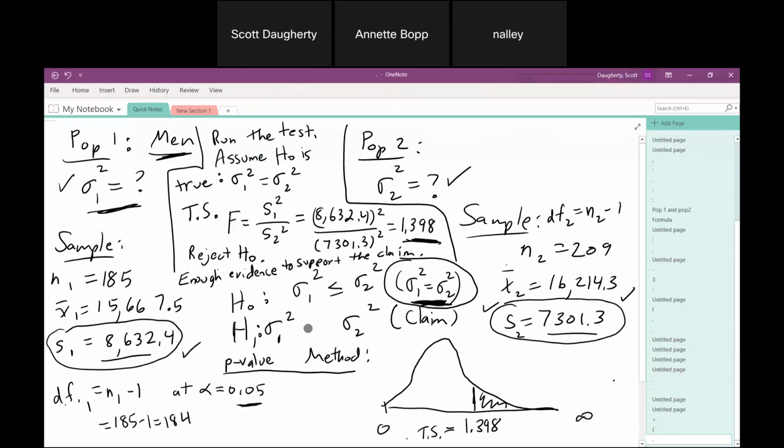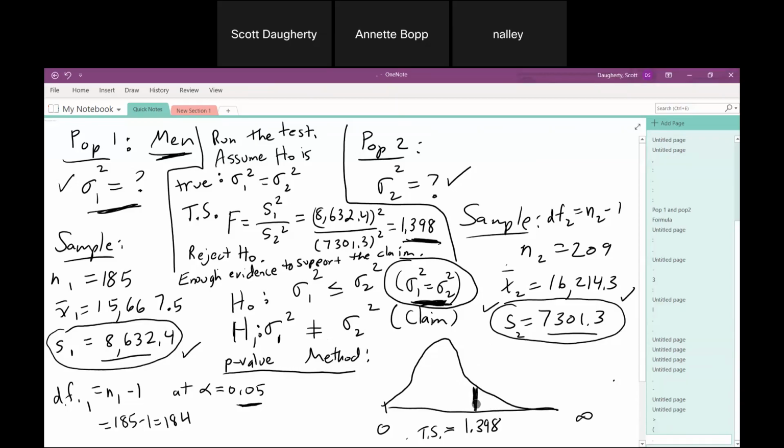And if it's not equal to, you would find an area to the left and an area to the right, and whichever is smaller, you would double it. Remember, in a two-tailed test, you have to double the area in the tail of the test statistic.